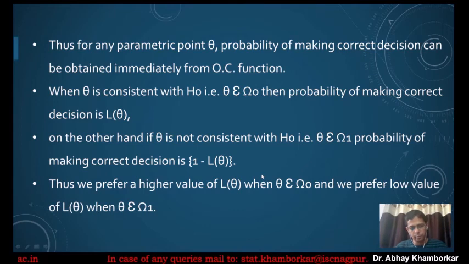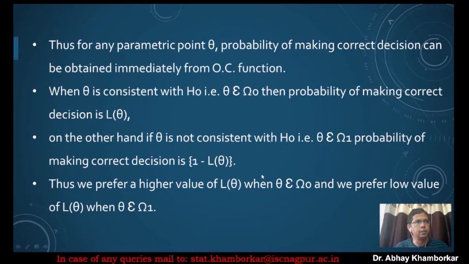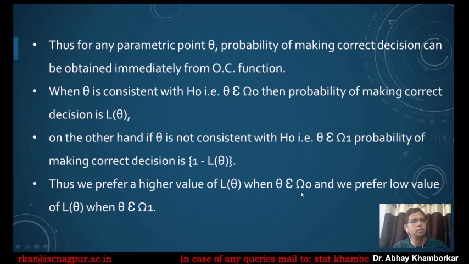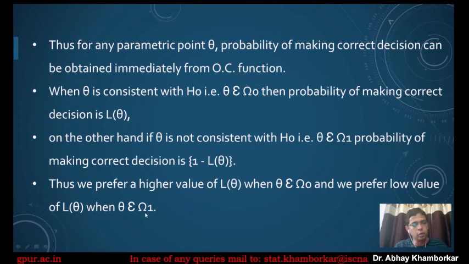Naturally, we would prefer the probability of making a correct decision to be on the higher side, meaning there should be no errors. If the probability of making a correct decision is high, therefore we prefer higher values of L theta when the null hypothesis, that is theta belongs to omega naught, is true. That means we prefer a higher value of L theta when theta belongs to omega naught, whereas when theta belongs to omega 1, we prefer a low value of L theta.